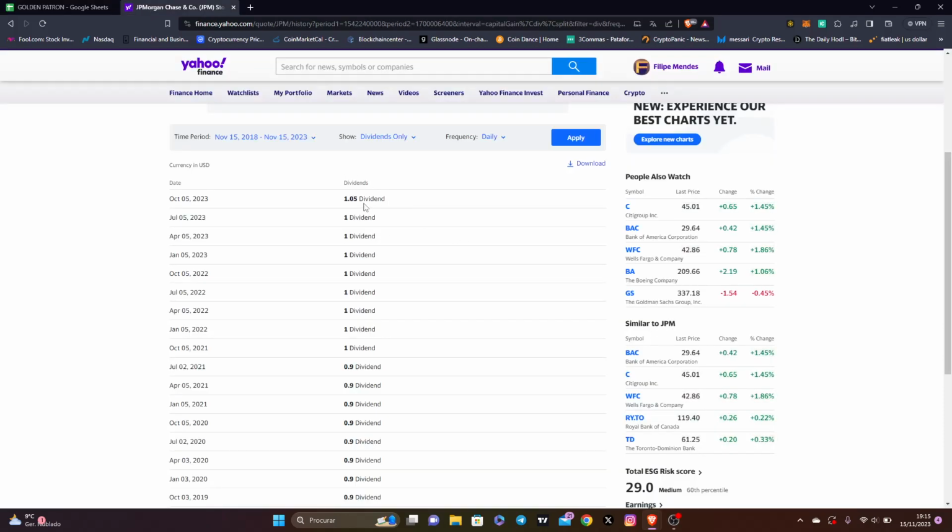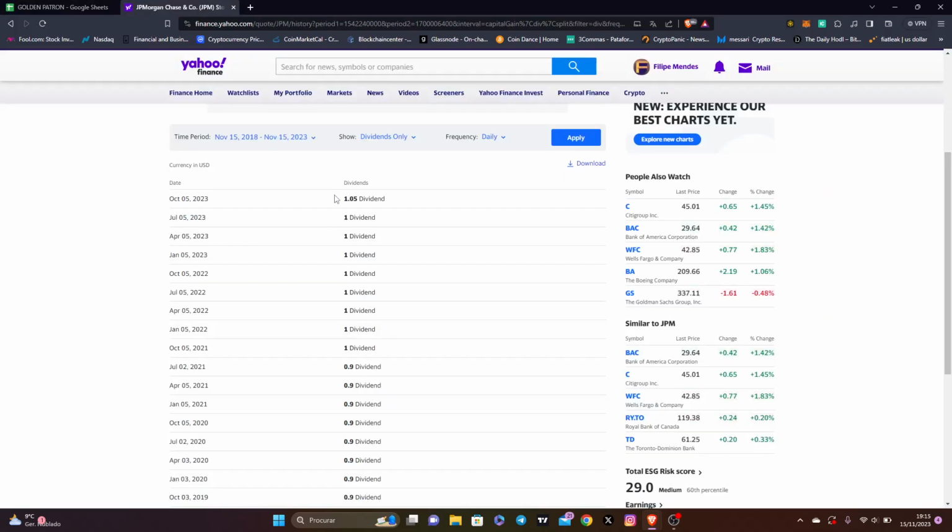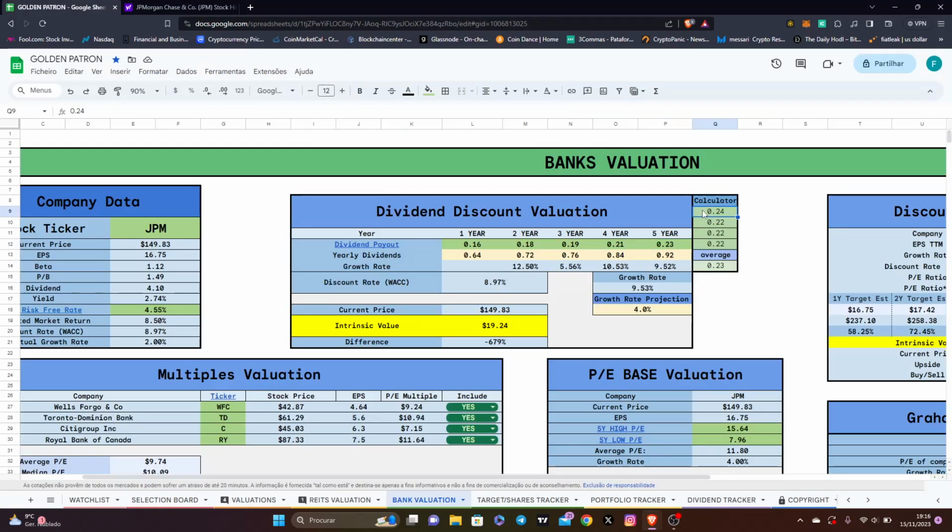So all we have to do is plug in the data in here, and we'll get a growth rate. We might want to change the projection here, and we'll get the intrinsic value. That's what we're going to do right now. For our first year, we take out these four, and we can see that it's 1.05. We're going to use the calculator just to see how it works.